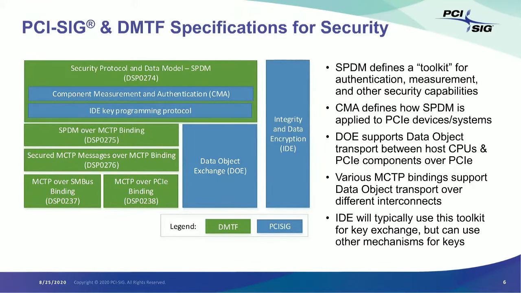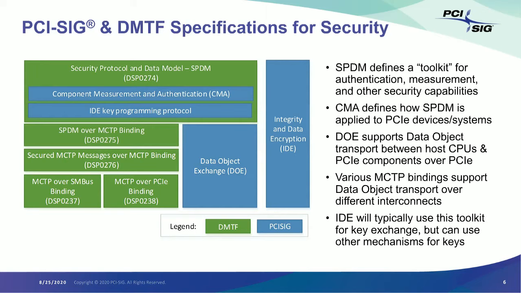So to start with, let's talk a little bit about what are the specifications that we have already done and how do these fit into IDE. So on the left-hand side of this diagram, you see a number of different boxes, each one of which represents either a spec or a component of a specification.